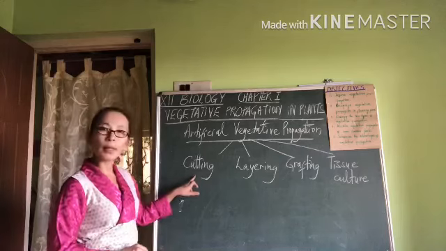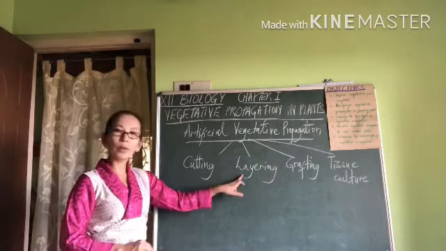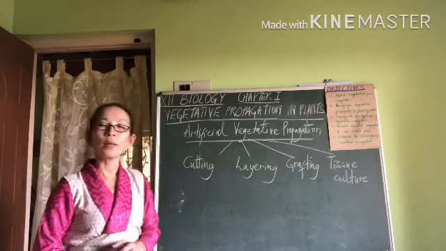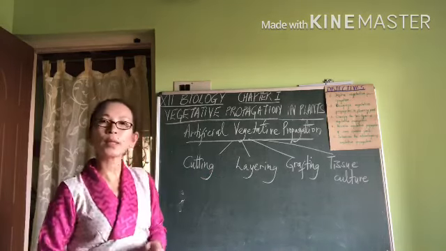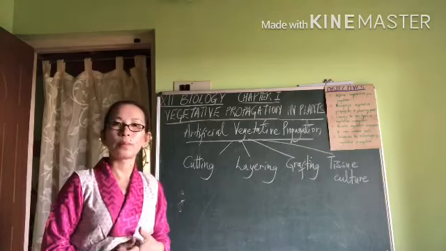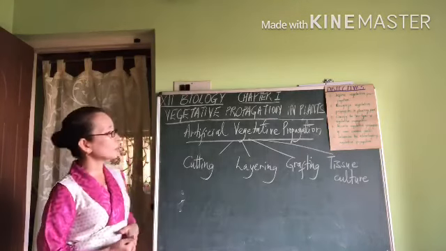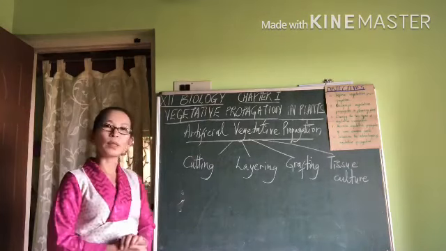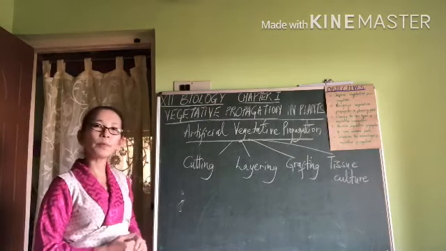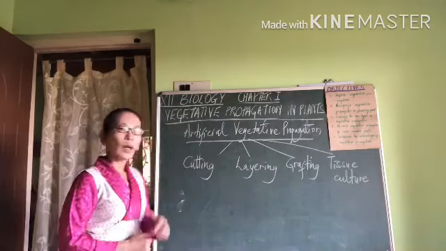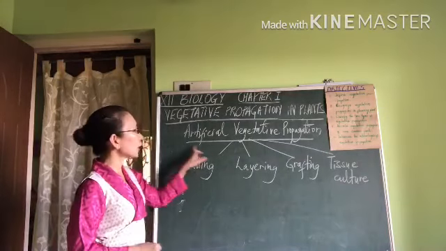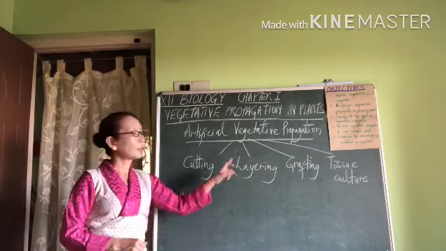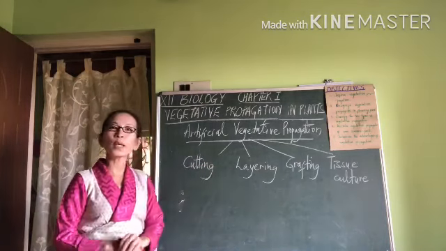It can be by cutting, or by layering, or by grafting, or by a very interesting new technique known as tissue culture. I'm not going into the details of any of them, but for this activity which we are all going to be doing at home, this is directly a kind of artificial vegetative reproduction, that is through cutting.